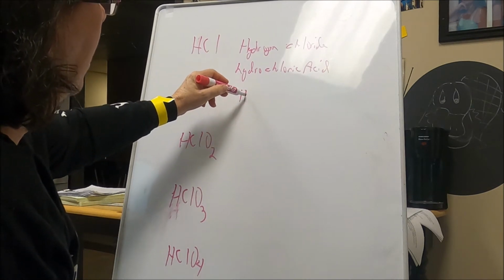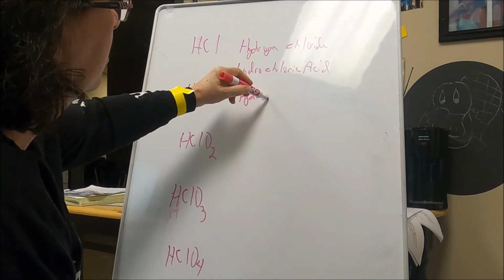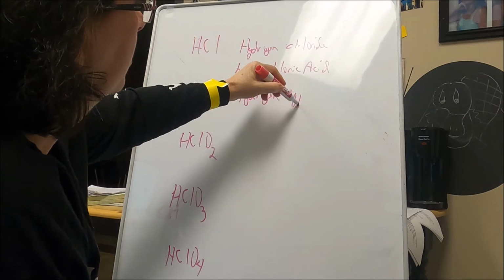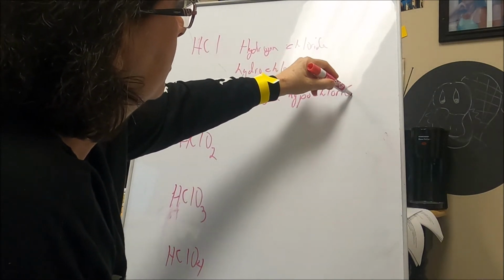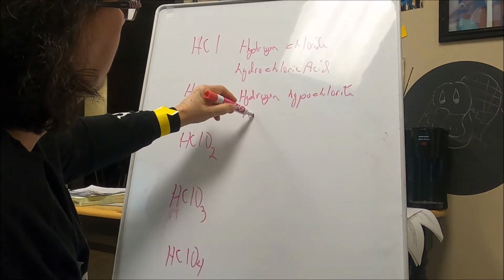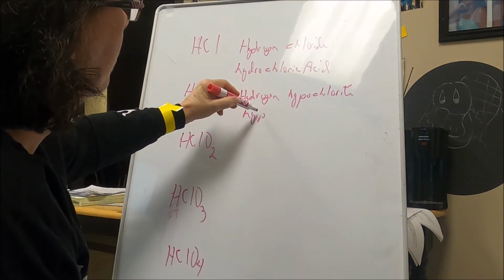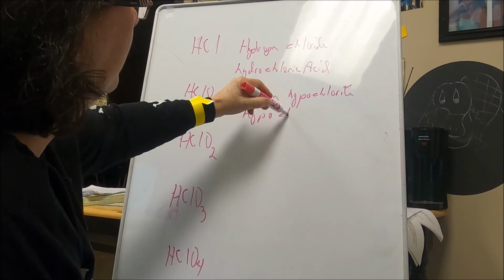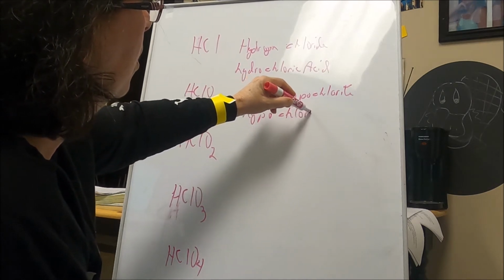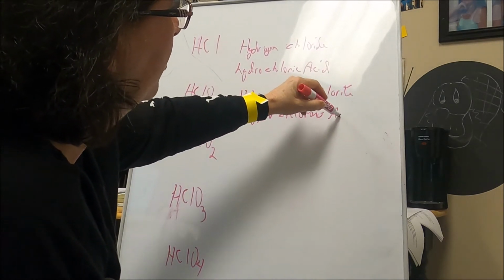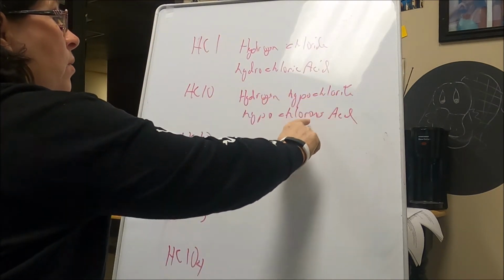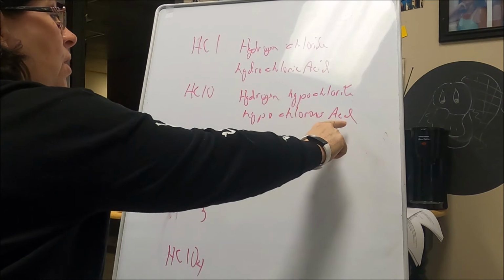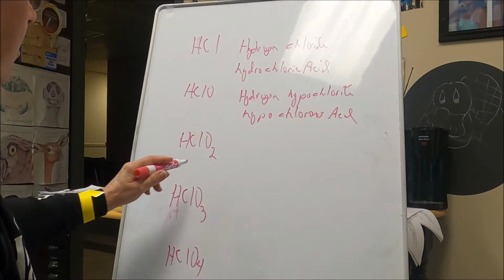So this would be hydrogen hypochlorite. So this would be hypochlorous acid. Okay, base name of the anion with the ending changed to ous acid.